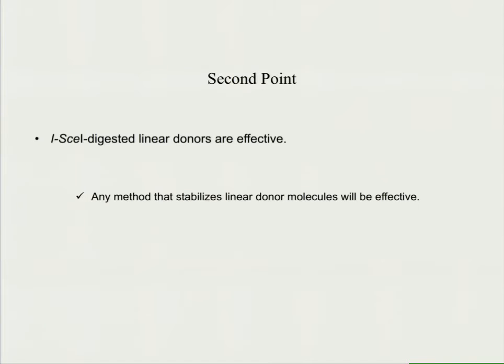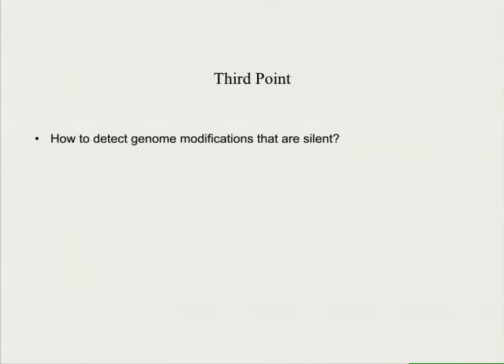Okay. So it is likely that any method that stabilizes a linear donor molecule would be effective for recombination. Next, we asked how to detect genome modifications that are silent. So we tried to co-integrate a reporter gene with the desired editing change.